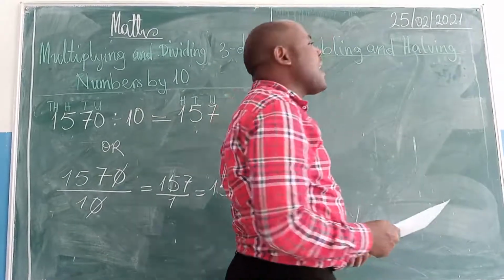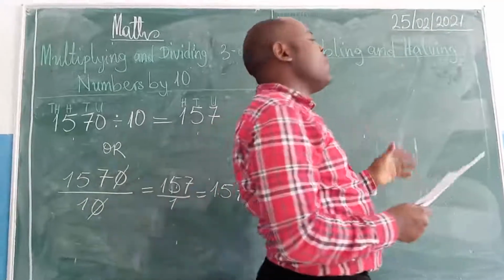Doubling is the same thing like multiplying by 2.